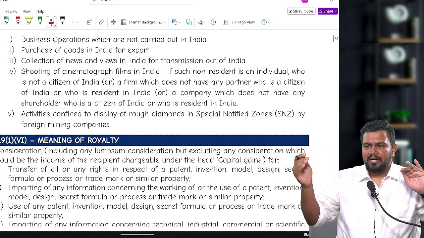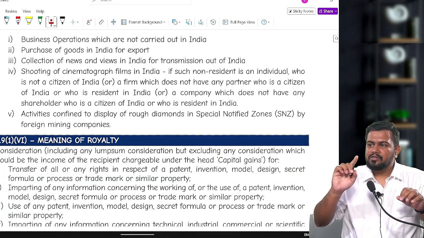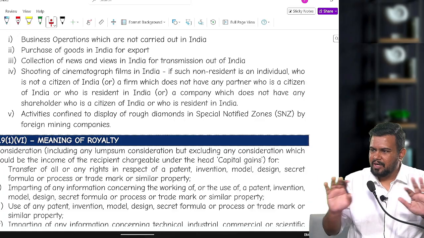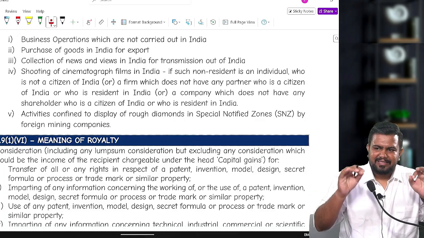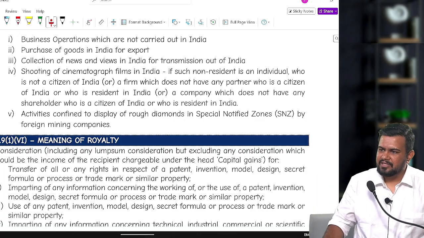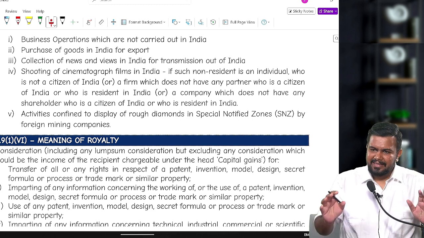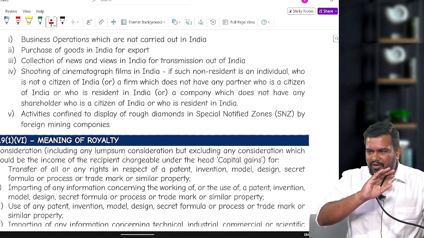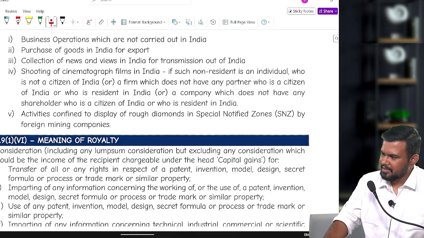But there is one more condition, that non-resident should also not be a citizen of India. If non-resident is a partnership firm, there should not be any citizen partner. If non-resident is a company, they should not have any citizen shareholder. In such case, when that non-resident is coming and shooting films in India, it will not be considered as business connection in India.